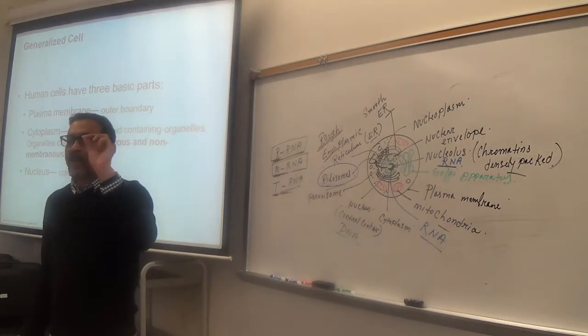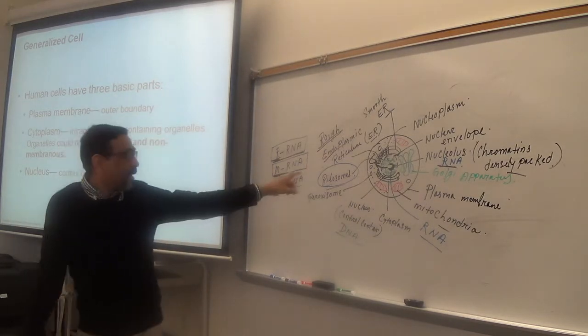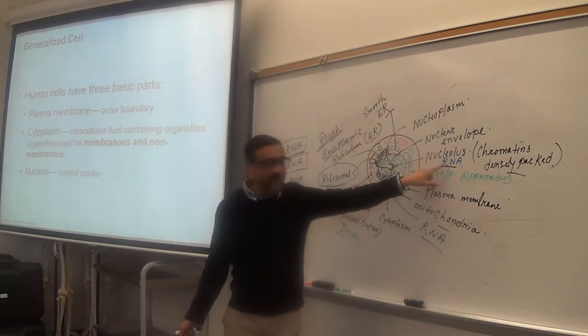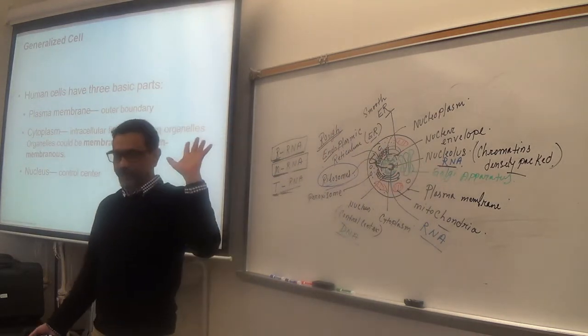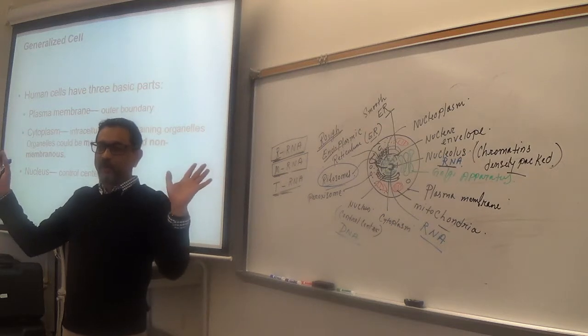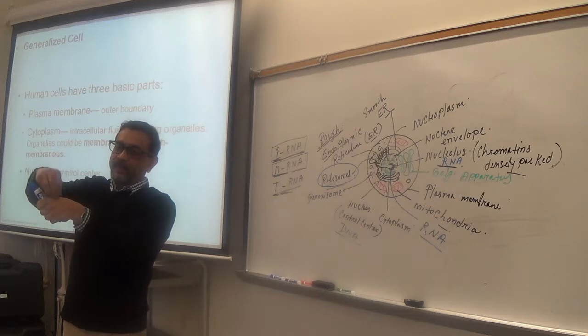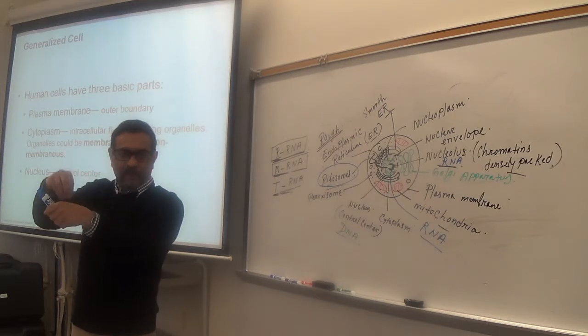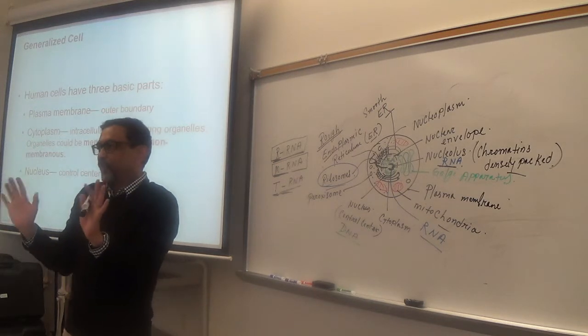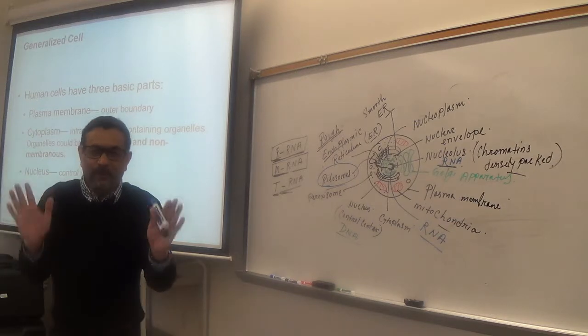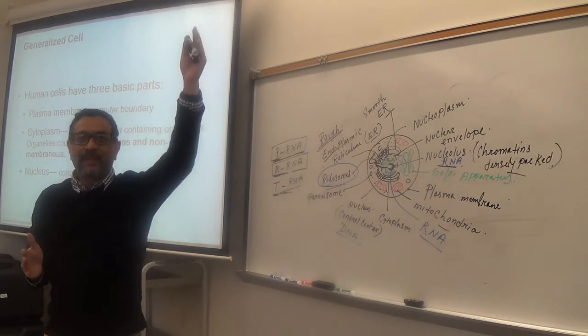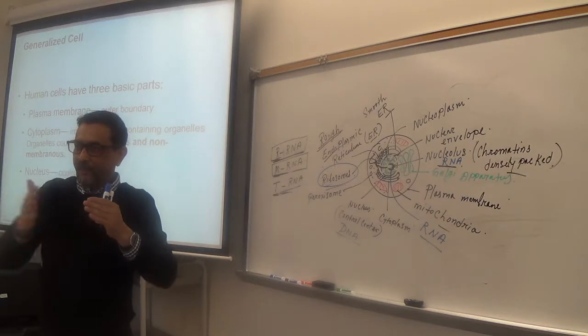So ribosomal RNA is present in the nucleolus and it produces what? Ribosomes. Very simple. And those ribosomes will go and get attached to the endoplasmic reticulum surface, and they produce protein. But to produce protein, the ribosomes need the plan and the raw materials.